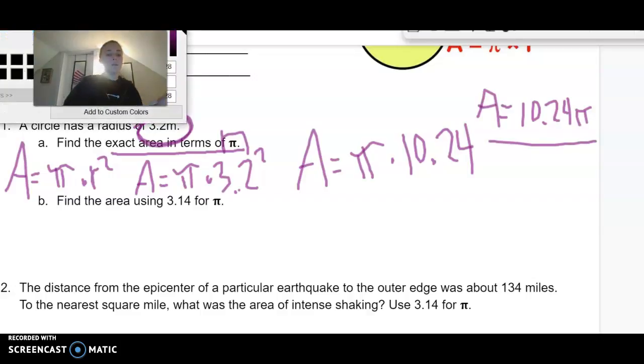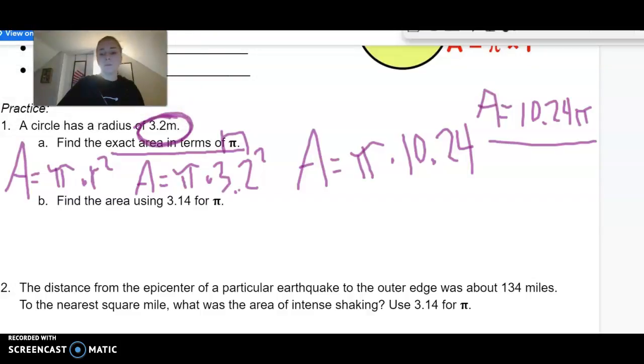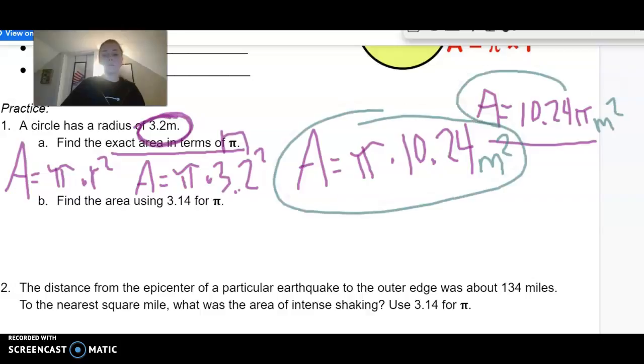Then we also need to put our label. We are working in meters, and we said we are squaring when we're working with the area, okay? So this would be an acceptable answer. This would also be an acceptable answer if you want to combine those, okay?